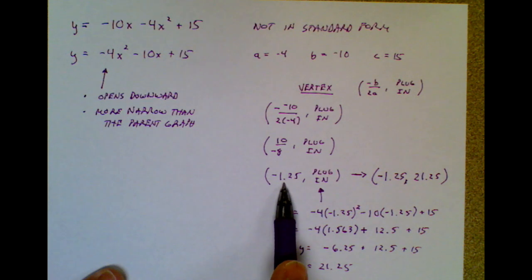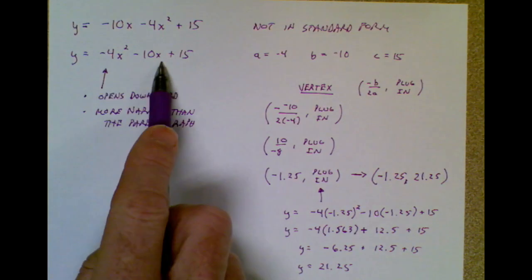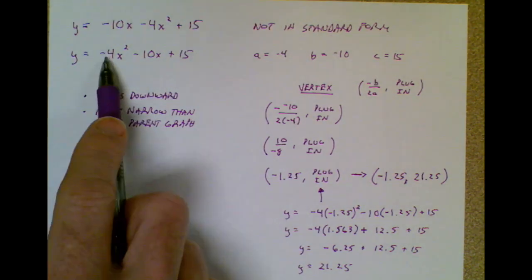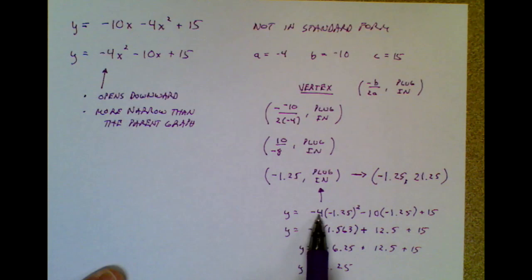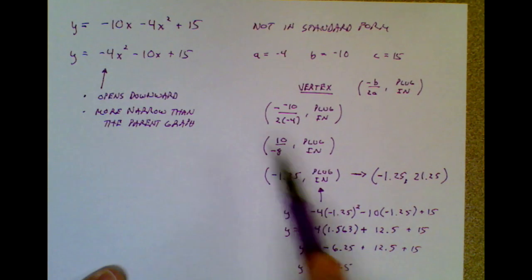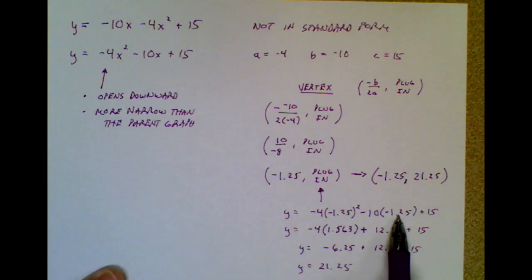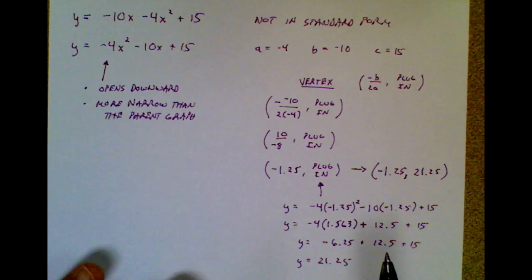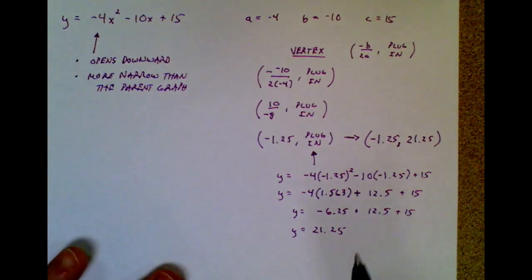Now that I have my x-coordinate, I have to plug it into the equation to get out my y-coordinate. You see that work right below. Negative 4x squared, minus 10x plus 15. Now I just have to carefully go through calculator work.